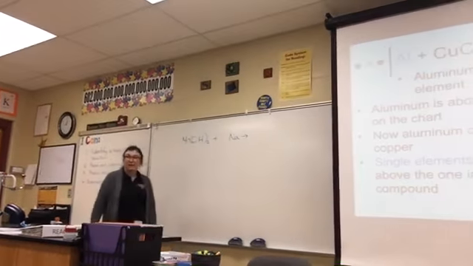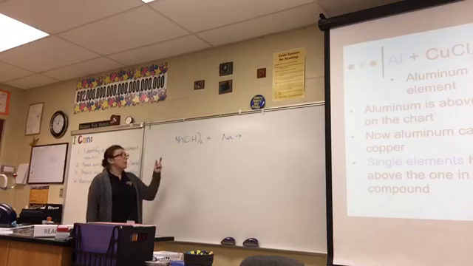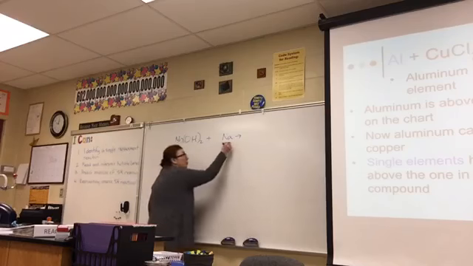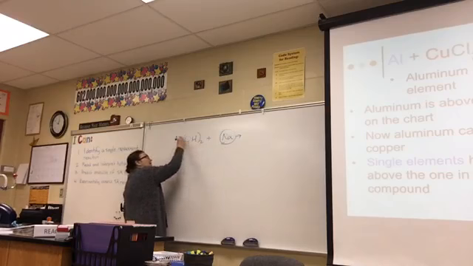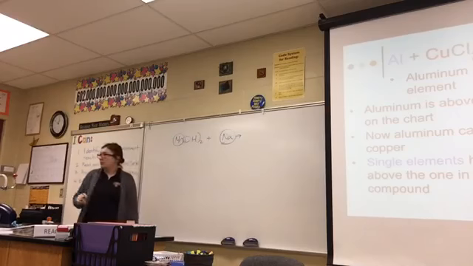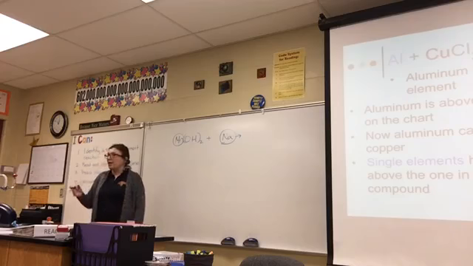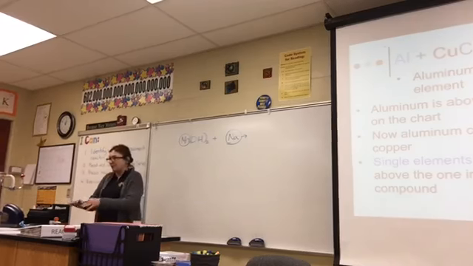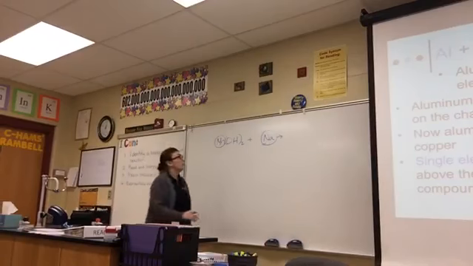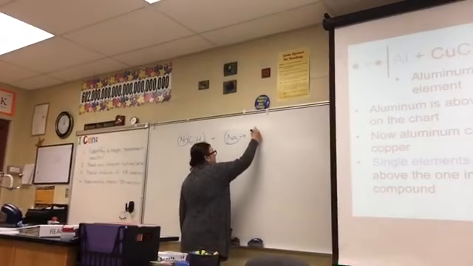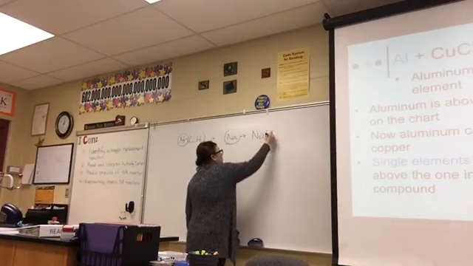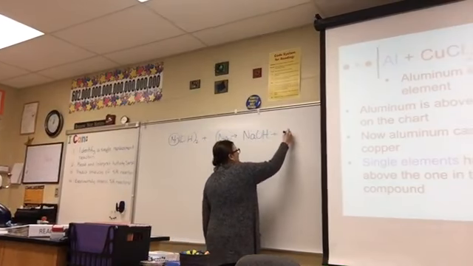When I bring them together, remember, the sodium replaces the metal. You cannot have Mn and Na together. You can't have two positives. Two metals cannot be together. So it's going to be NaOH plus Mn.